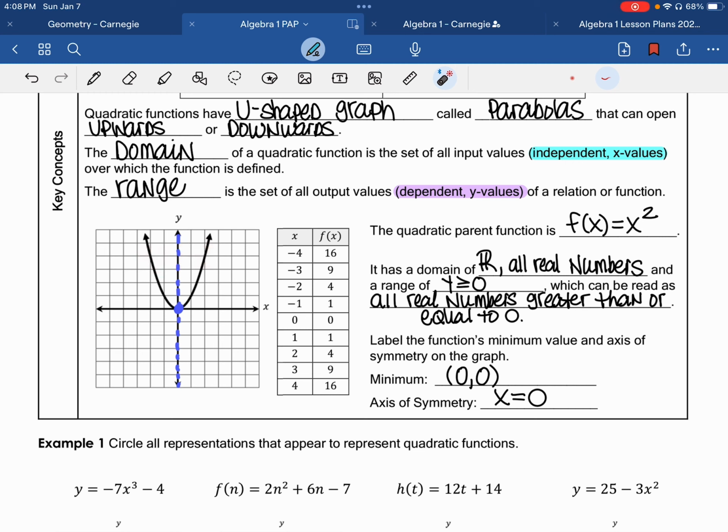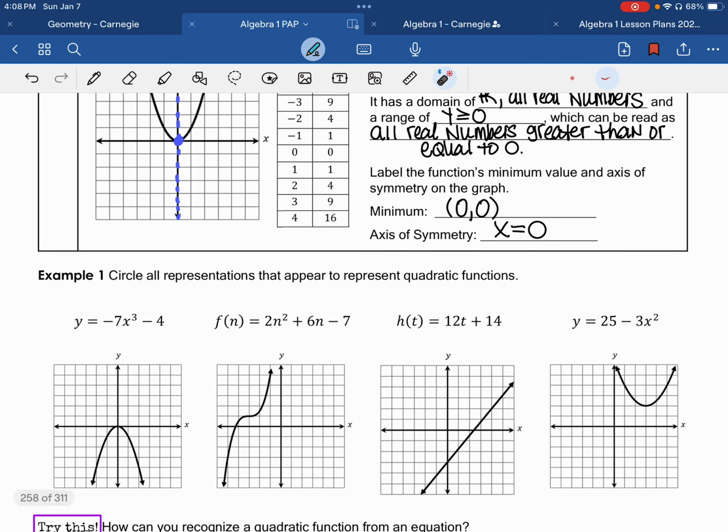Remember, when we're counting distance, it doesn't matter that this point is in the negatives, because we're counting distance, they're both the same, 2 and 2. And that's what the axis of symmetry allows you to do. It allows you to graph one side of the parabola and then mirror it to the other side as well.